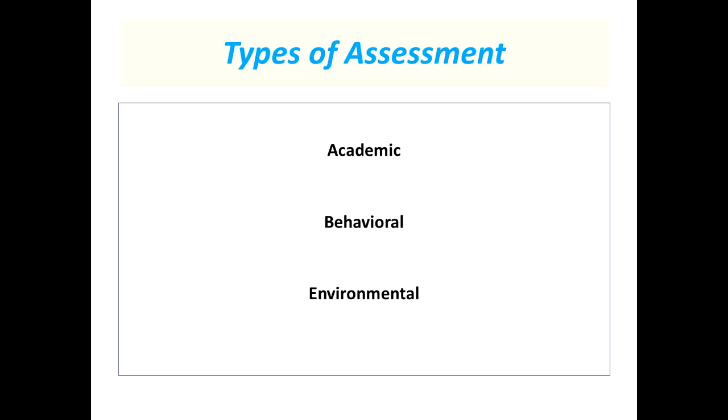The last type of assessment that we're going to talk just a little bit about is environment. Environmental assessment is, first, multidimensional in focus. And we're taking a look at the fact that it's critical to measure the children in their educational programs to determine how they function in different environments. How do they function in the classroom?